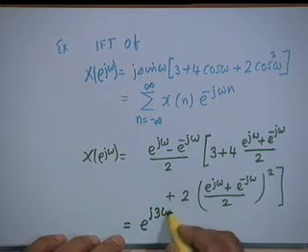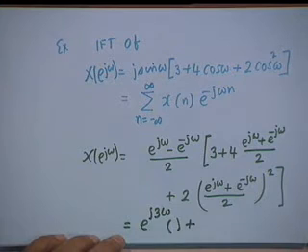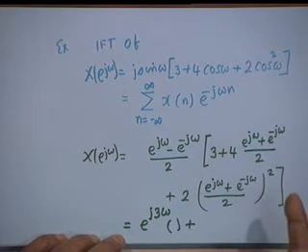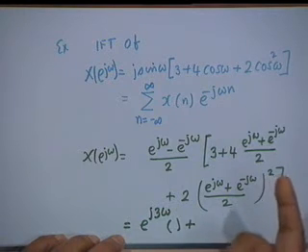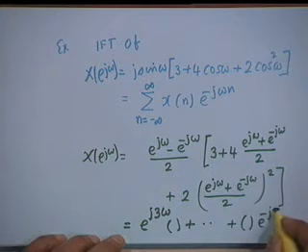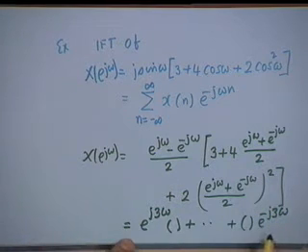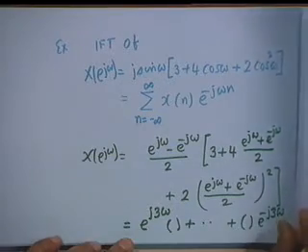So, we shall start with e to the j 3 omega, then e to the j 2 omega, e to the j omega, then a constant term, e to the minus j omega, e to the minus j 2 omega, and end up in e to the minus j 3 omega. If you can write this form, then obviously the sequence shall be obvious.